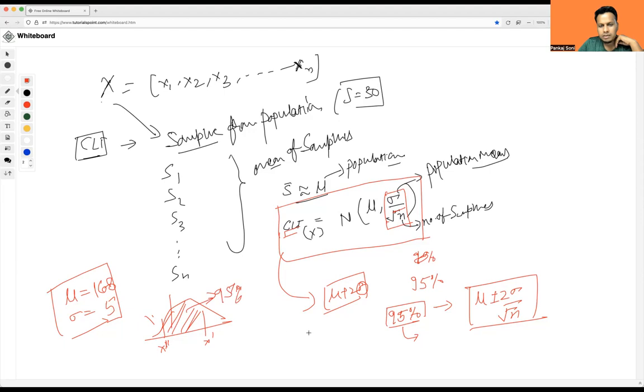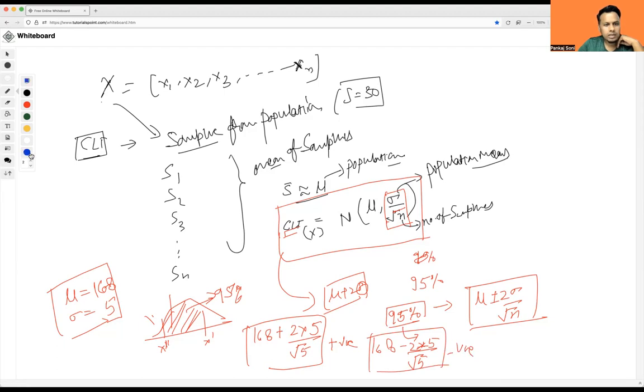So mu is 168 plus 2 into 5 divided by root 5; this will be your positive side. And 168 minus 2 into 5 divided by root 5 will be your negative side. As a whole, that will be your confidence interval from the sample data, which follows the central limit theorem. That's what I wanted to show about this.